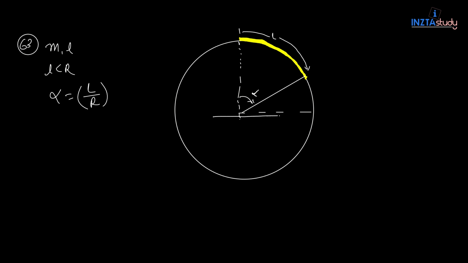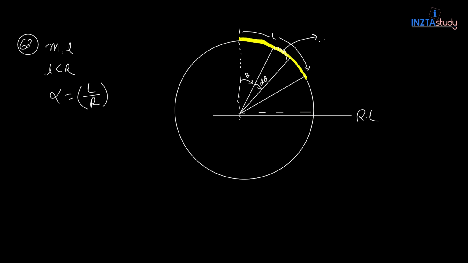Let this point be the reference level, and let's go to some angle theta. Remove this angle alpha from here and go to a very small angle d theta and take this as an element.